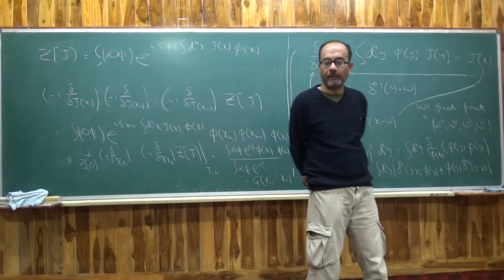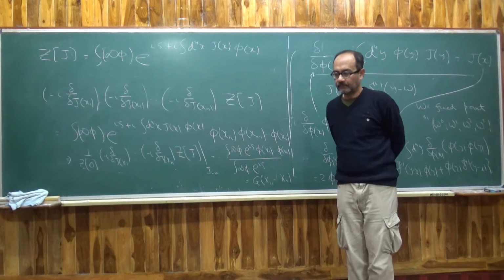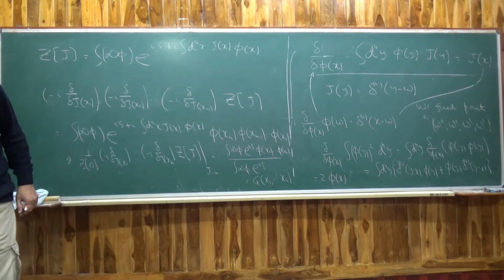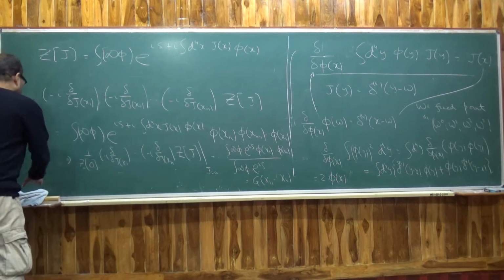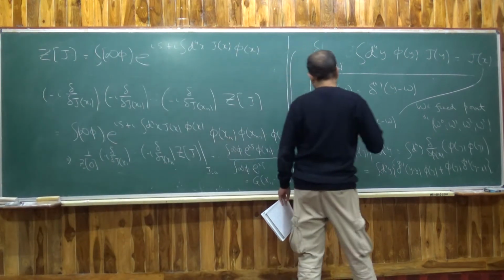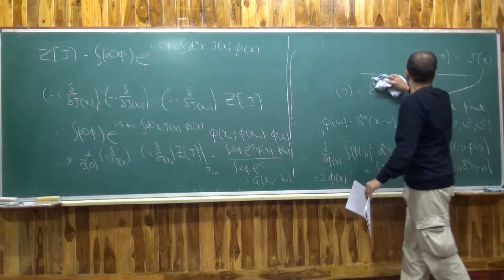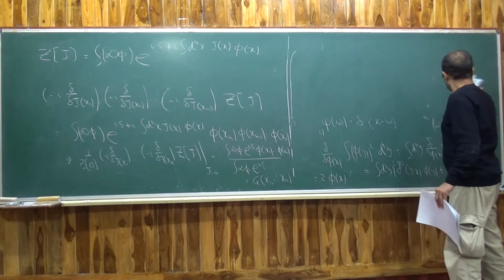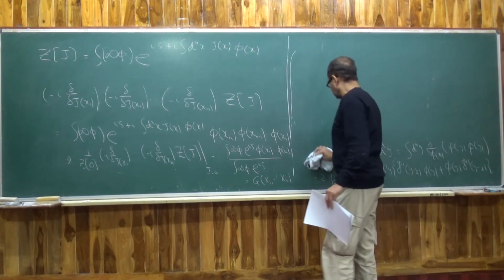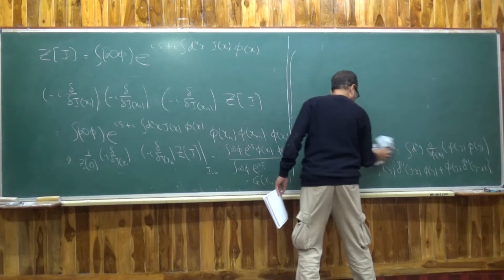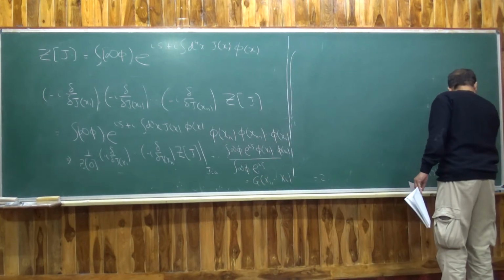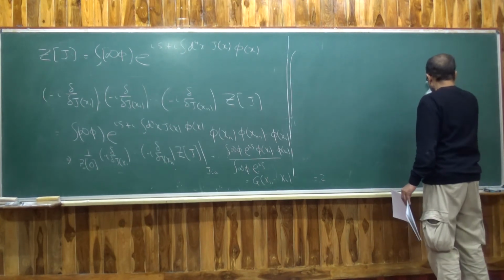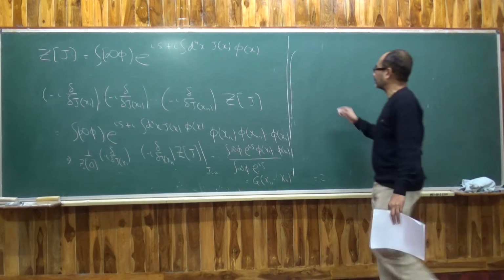Now the question is, how do you actually go about calculating Z of J?